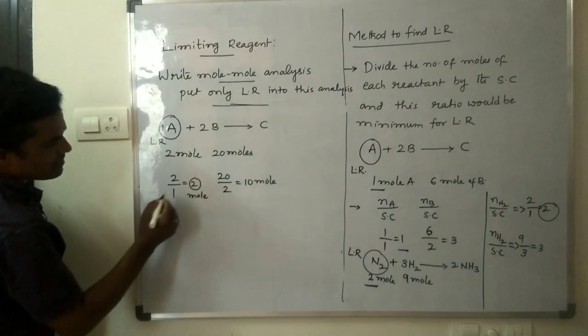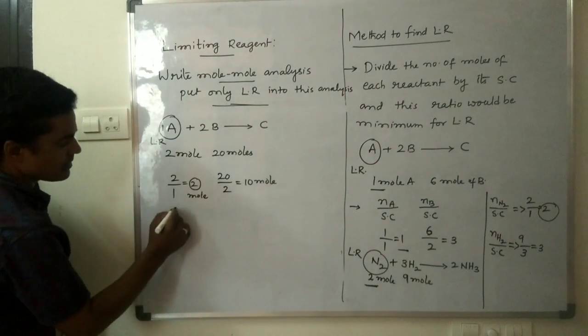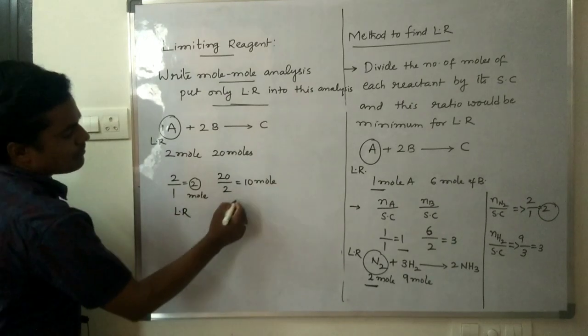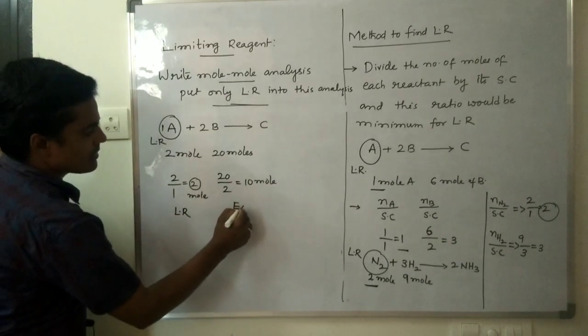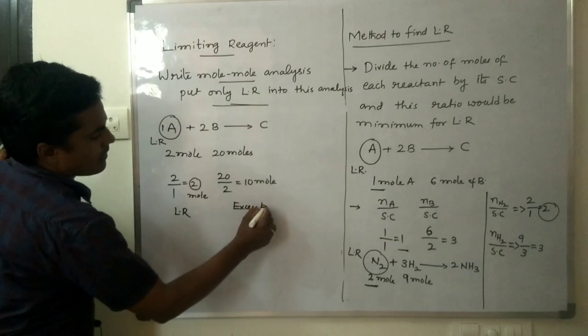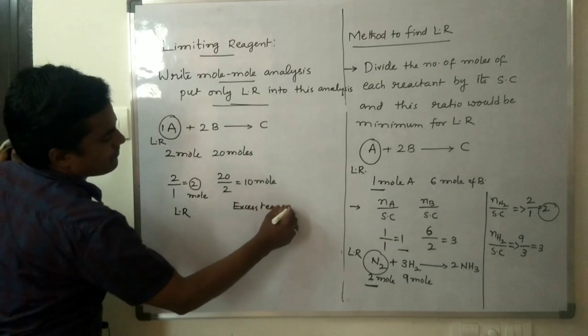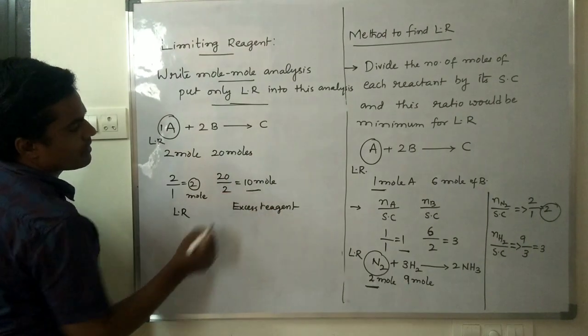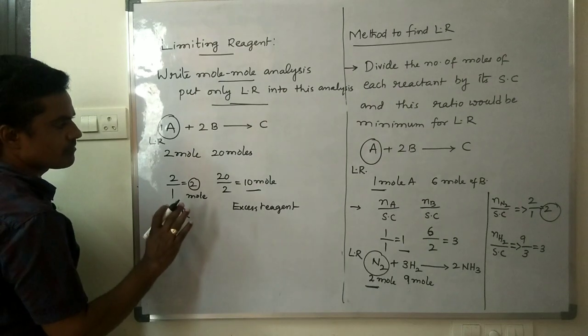Now what is the mole relation? A is the limiting reagent and B is the excess reagent. So how many moles of B are consumed in this reaction?